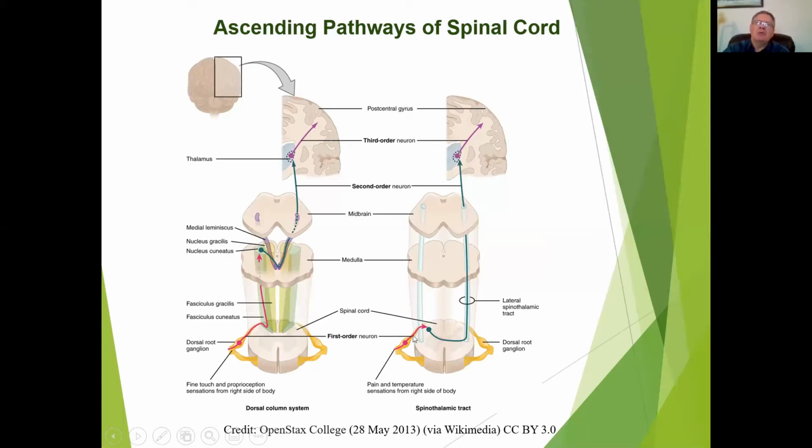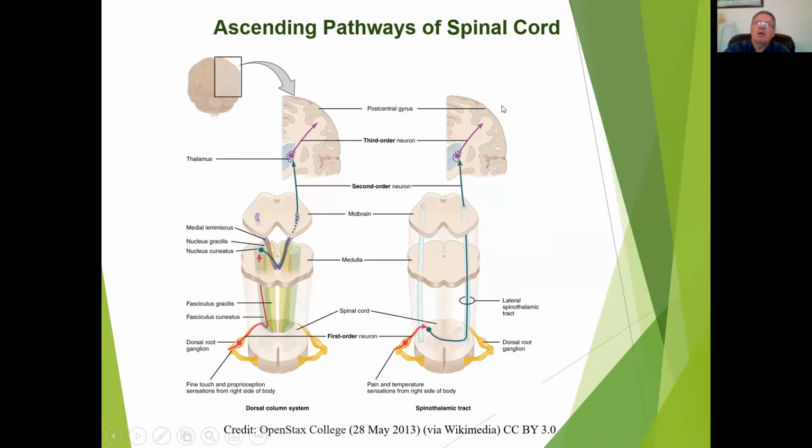With sensory information, it'll usually be at the posterior end of the grey horns, the grey matter of the spinal cord, the nuclei. So you have interneurons that the axons synapse on, and then these interneurons cross over the midline and proceed up to the thalamus and get relayed to the cerebral cortex.